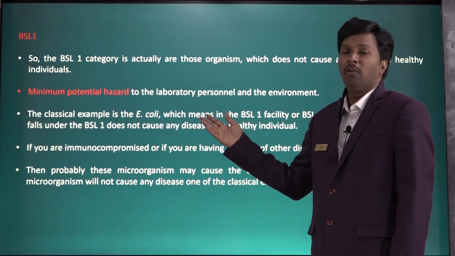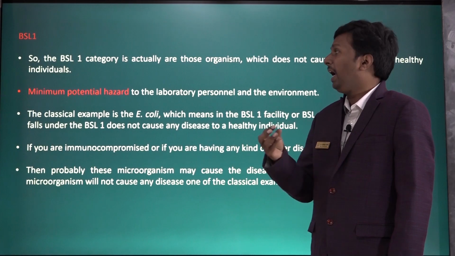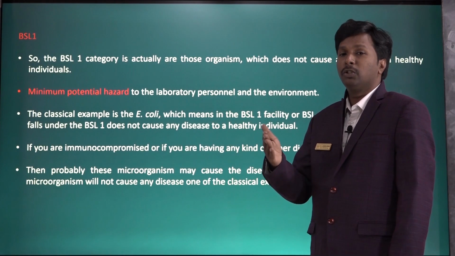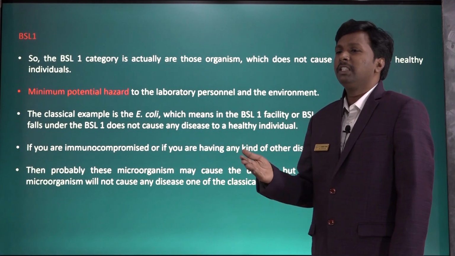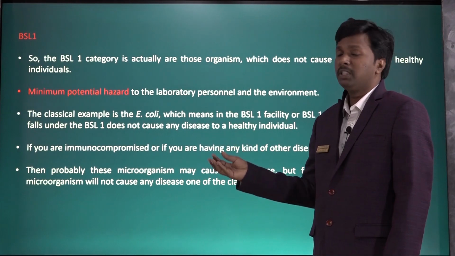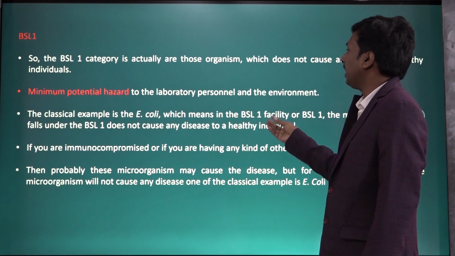Now biosafety level 1, as I said, involves low risk microorganisms. The example is E. coli, which we routinely use in the laboratory for various purposes. Here there is minimum potential hazard to laboratory personnel and environment.